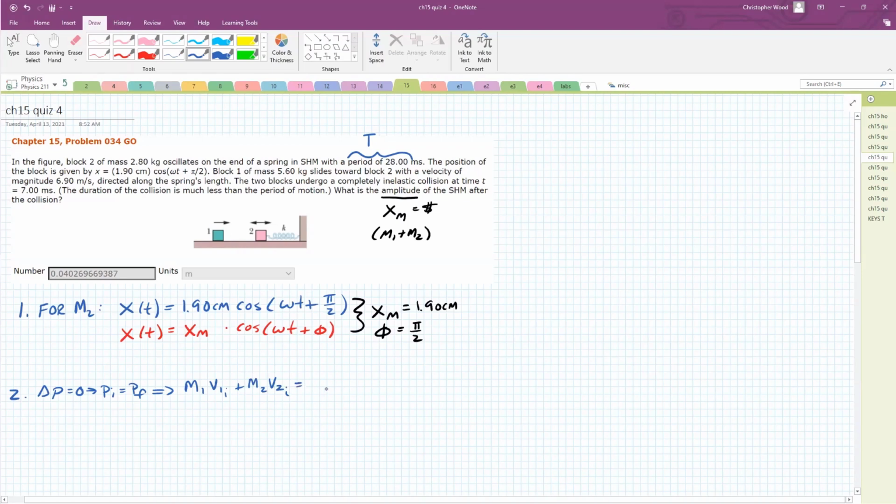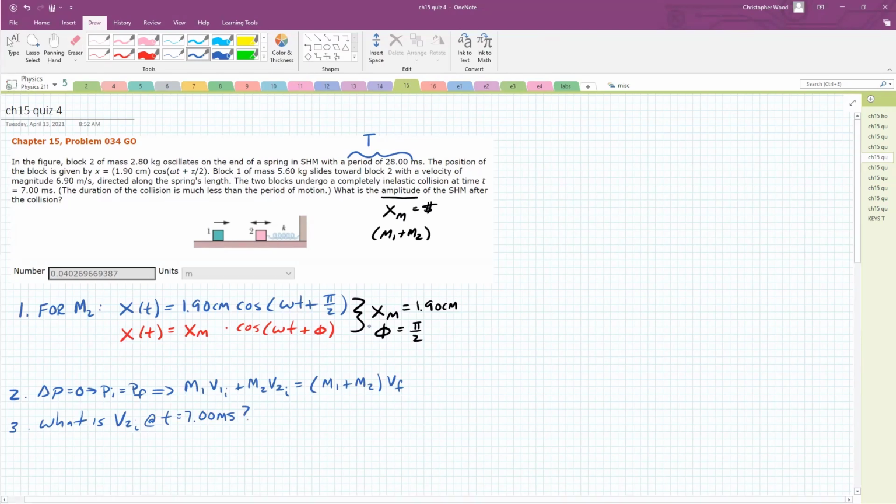They stick together, so it's m1 plus m2 times whatever final velocity those combined blocks have. So the big question right now is, what is the velocity of block 2 upon the collision? The collision happens at t equals 7.00 milliseconds. I need to find out the velocity of mass 2.